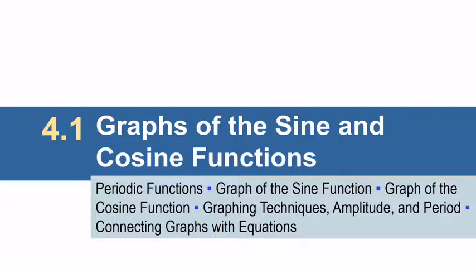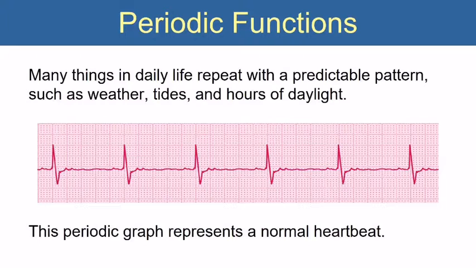So let's get started. First of all, you should know that trig functions are periodic functions, meaning that their values repeat in a pattern over and over, a lot like this EKG pattern that we've all seen probably on television, if not in real life.